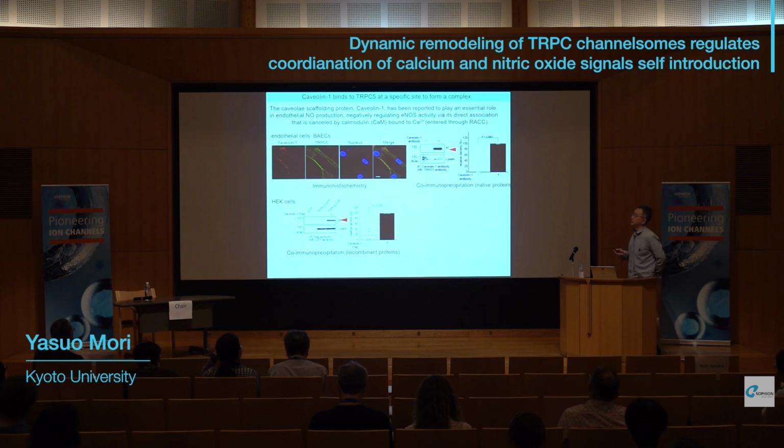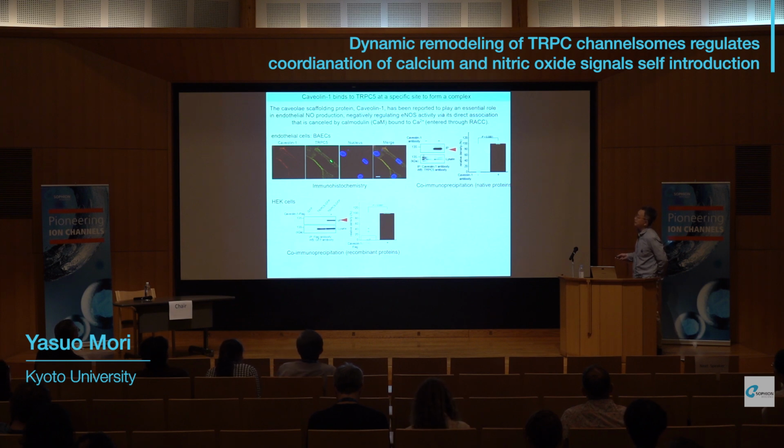But once vasodilation is applied, calcium influx occurs, and the calcium elevation leads to the formation of a calcium-calmodulin complex, which knocks off this negative regulation of eNOS by caveolin-1 to activate eNOS.